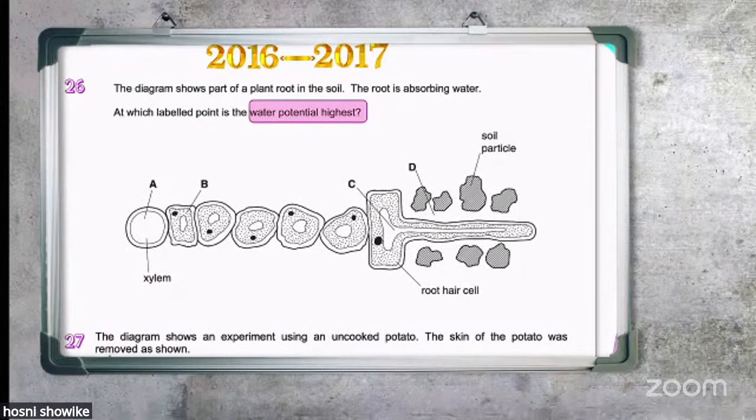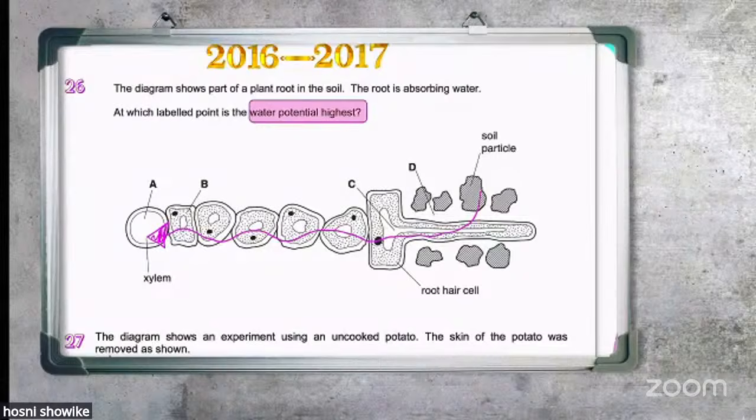So they wanted the highest water potential, okay? So where would you expect to have most water? Think about it that way. In which direction do you expect the water to move in this diagram? Water will always move from soil, root hair cells, cortex cells, until it's xylem, right?